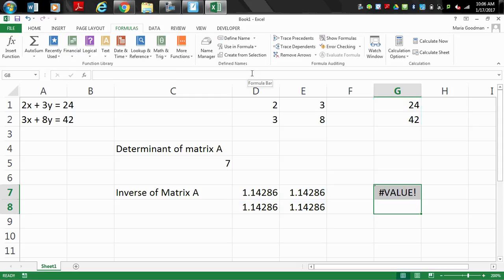You have to make sure you hit them at the exact same time, or it does not work quite right.